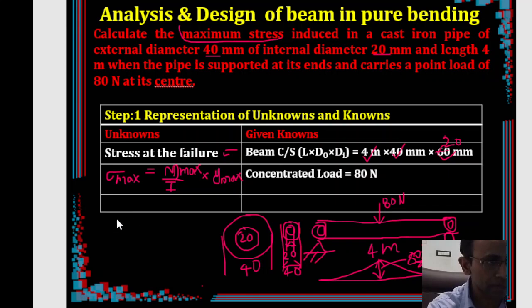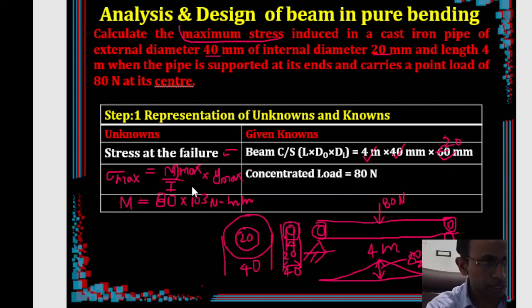So your M max is nothing but 80 Newton meter. Whenever we express moment, it should be written in mm. So therefore I am writing 80 Newton meter as 80 times 10 to the power 3 Newton mm.